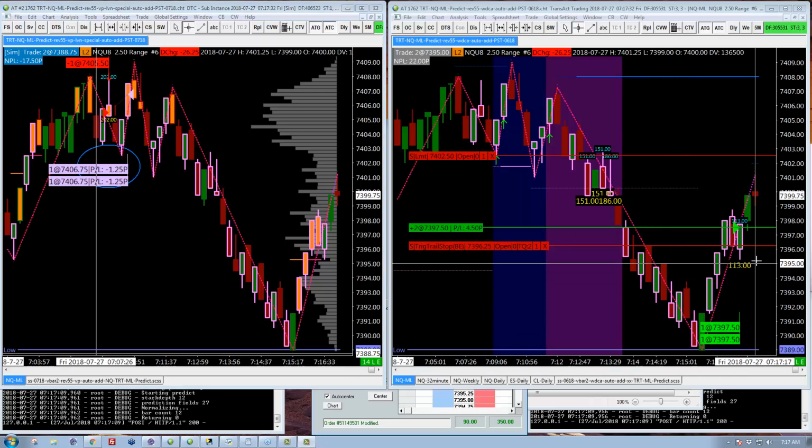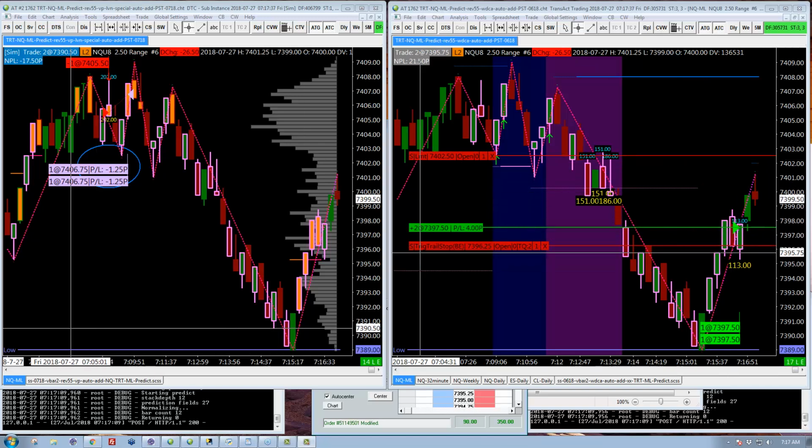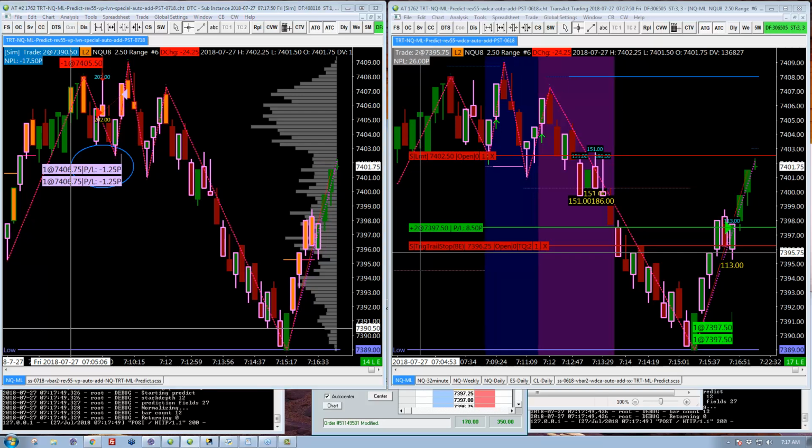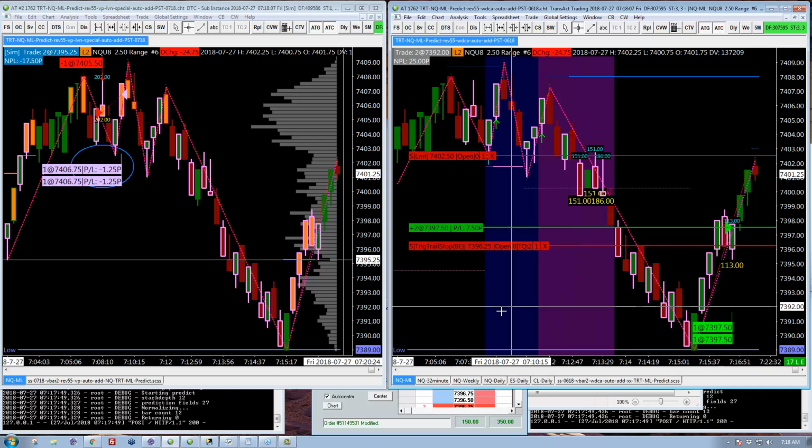Right, so long now at first target, so entry -5. We haven't hit the 20 tick target. We got 19 but not 20, that's irritating.